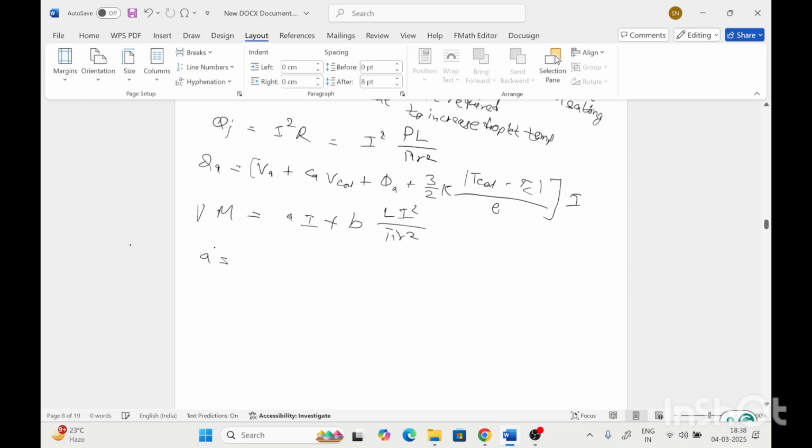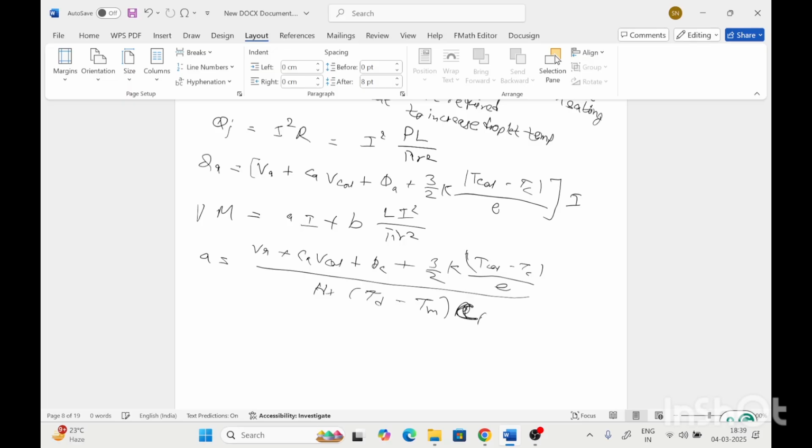Here A can be written as VA plus CAB column plus pi C plus 3 by 2 KT column minus TC divided by E, and the whole term is divided by H plus TD minus TM into CP.